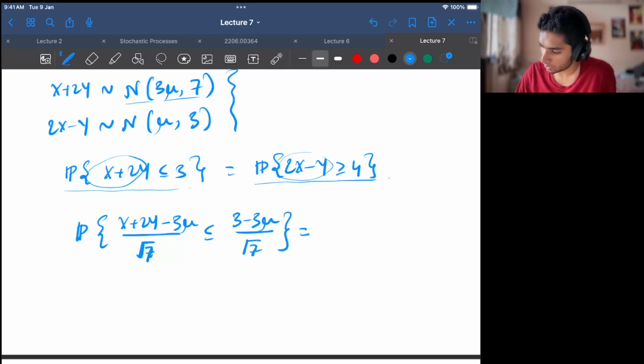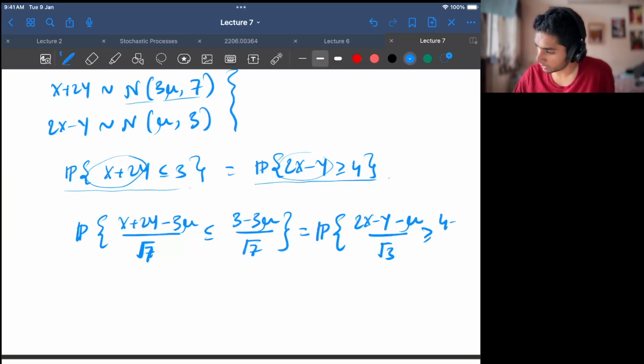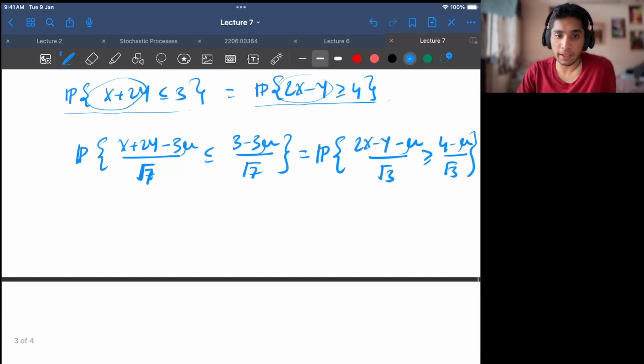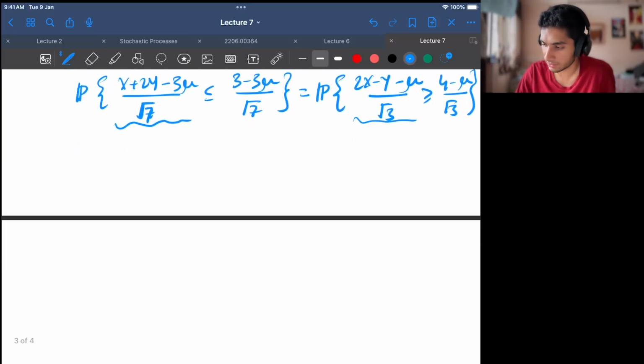This is equal to probability of 2x minus y. What is the mean of this 2x minus y? It's mu. And the standard deviation is root 3. Greater than equal to 4 minus mu by root 3. Right? Now both of these are your standard normal random variables.